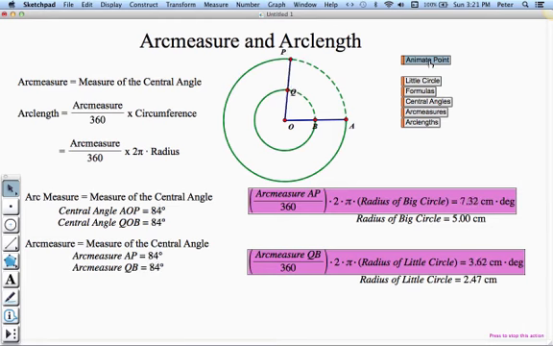So as point P moves, the arc on the bigger circle will always be larger than the arc on the smaller circle, despite the fact that their arc measures are the same. We'll get a different arc length.